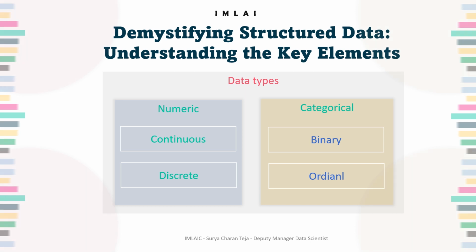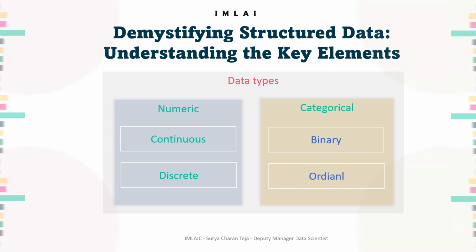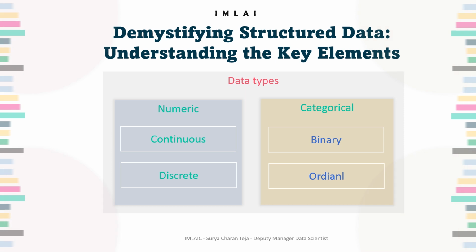It's ordinal. Everything has a certain weight. Or you can go for a rating such as very good, moderate, or very bad. Or you can go for 5 levels of rating: very low, low, medium, high, very high. These are all ordinal types of categorical variable, depending on whether it is a numerical rating or a textual rating.